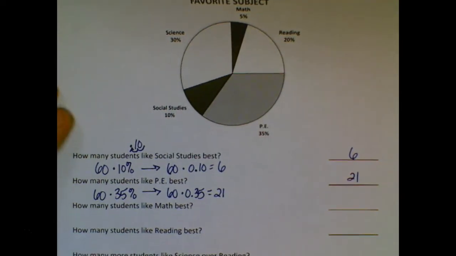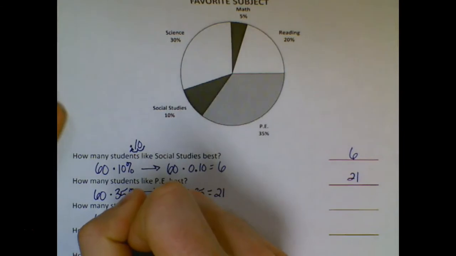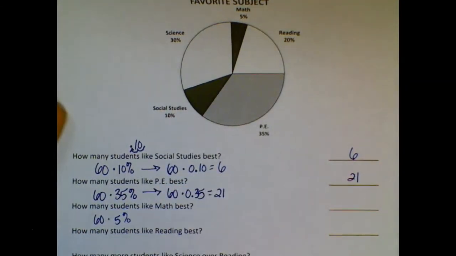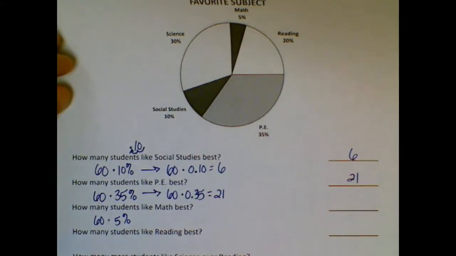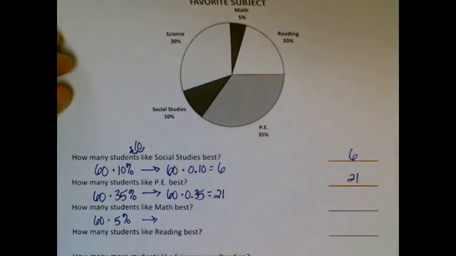How many like math the best? This just kills me that these few students prefer math. But 5% prefer math the best. I'm going to do this one again, the converting, because I want you to see this. You may be very tempted to do 60 times 0.5, but remember 0.5 is 0.50, it's 50%.